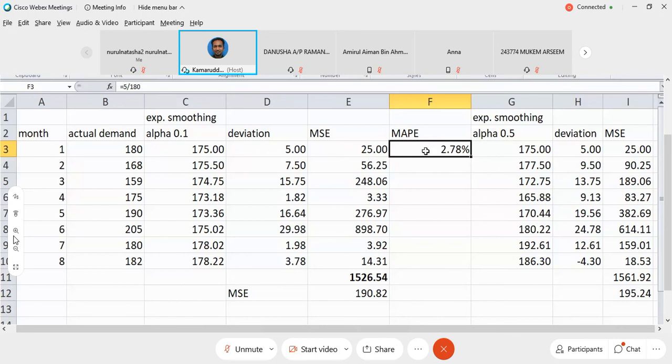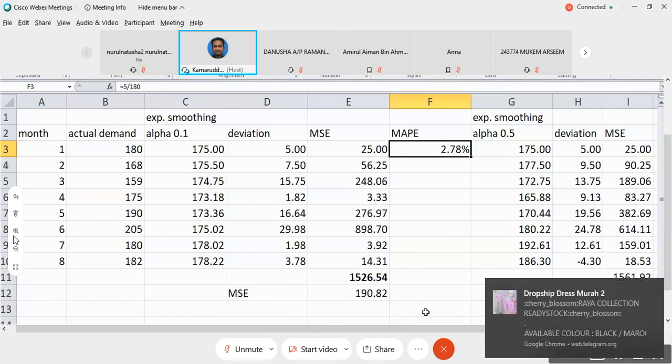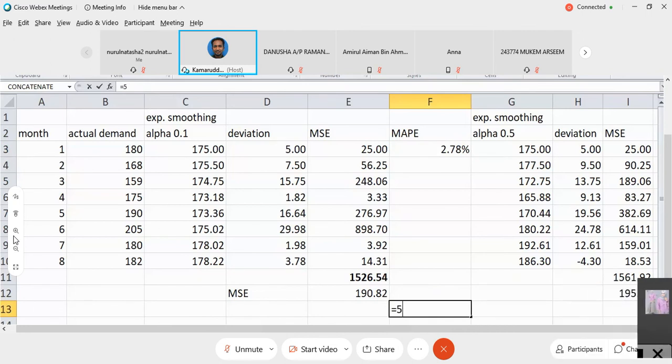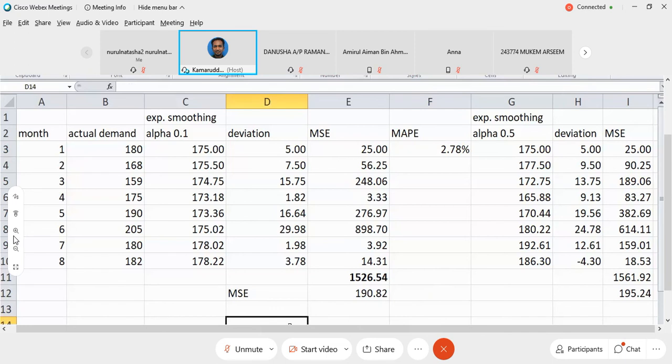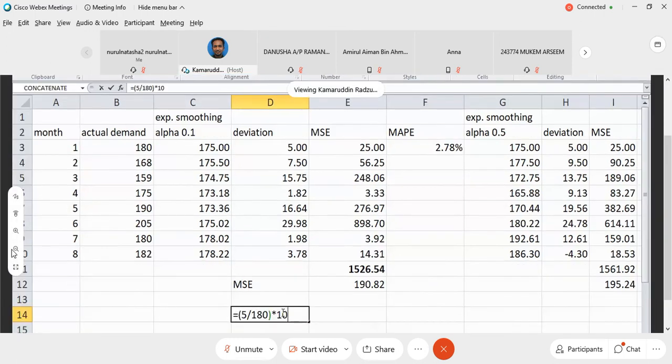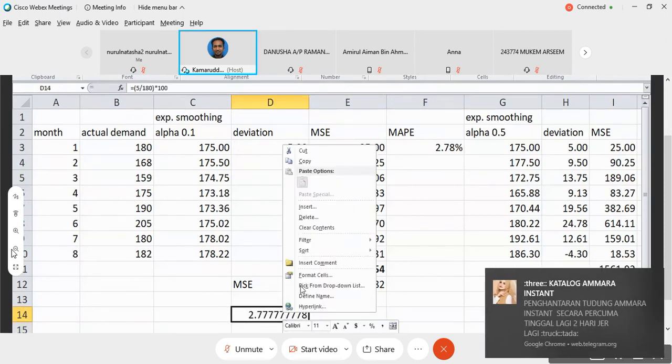Bagi contohnya di sini, katakanlah kita dapat 5, 5 bahagi dengan 180, darab 100, kita akan dapat 2.78.